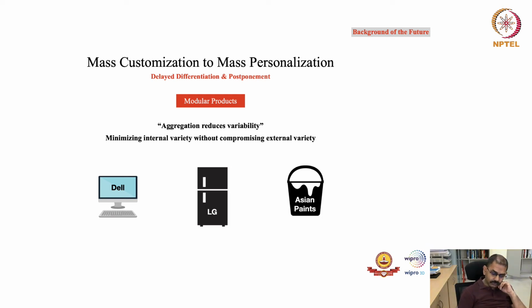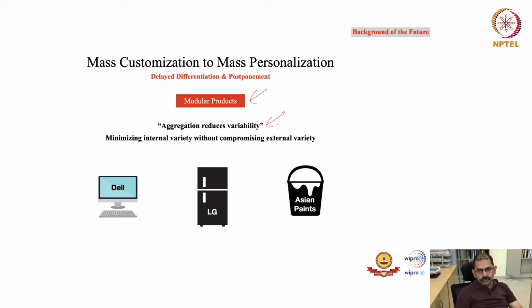So when we talk about, say, modular products, right? It means that you manufacture the products in a modular way, so the customization becomes easier. And what encourages this is the law of manufacturing that aggregation reduces variability.